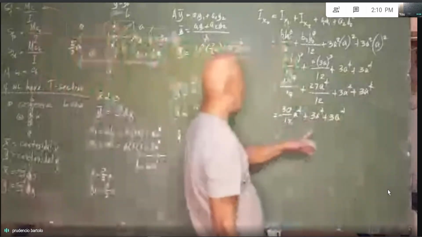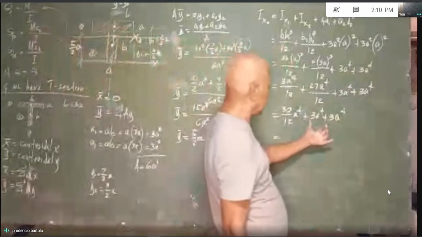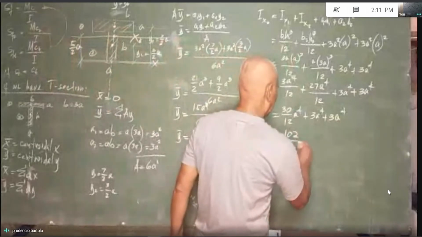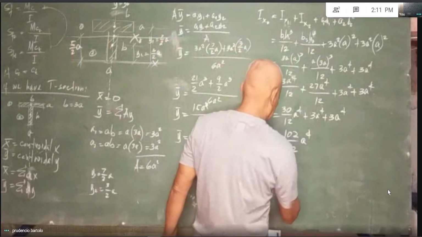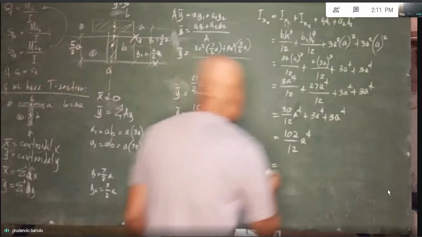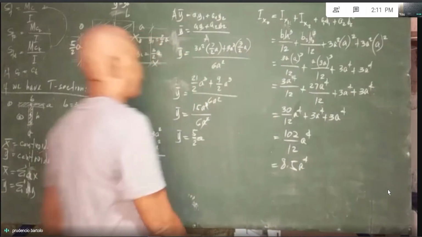So that is now 3 by 12, 3 by 12, 36. That is 72, 102 divided by 12, a to the 4. Or that is equal to 102 divided by 12, equal to 8.5 a to the 4.